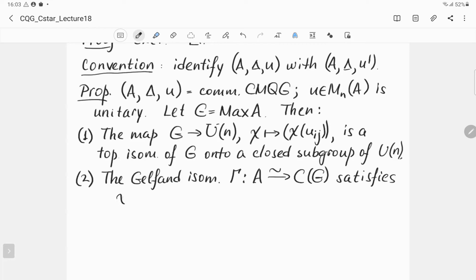It takes the matrix entries of our matrix U, takes each U_ij to the function on G, which takes each matrix X to the respective matrix entry X_ij. Here we identify G with a subgroup in U(n) by means of the embedding described in part 1.